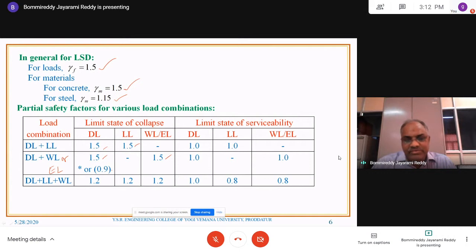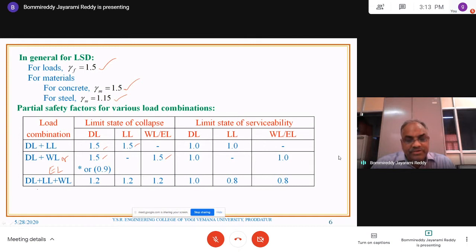That is reversal of the stresses. Initially, one nature of stress will be changed to another nature of stress. In such a case, the dead load is multiplied with 0.9. It will be clearly mentioned if this is the special case. In the examination, if there is a question, if the reversal of stresses takes place, then only dead load is multiplied with 0.9, otherwise it is multiplied with 1.5 only.